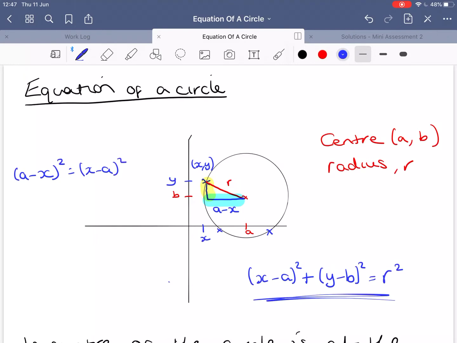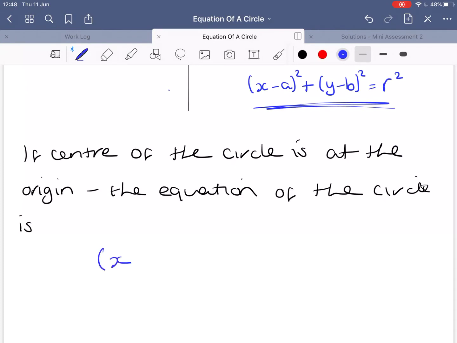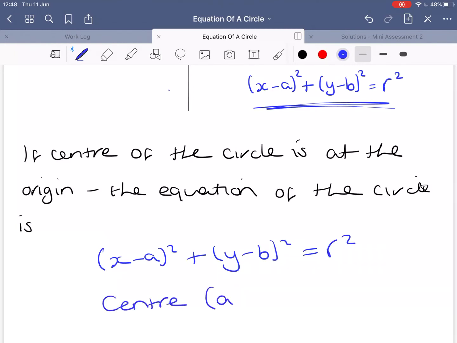The equation for the points on a circle is always x minus a squared plus y minus b squared equals r squared, where the centre is at the point a, b and the radius is r.